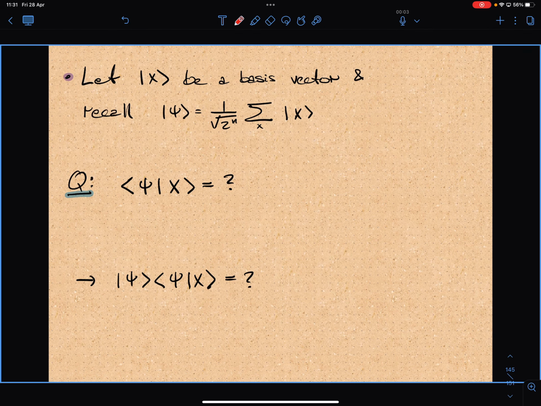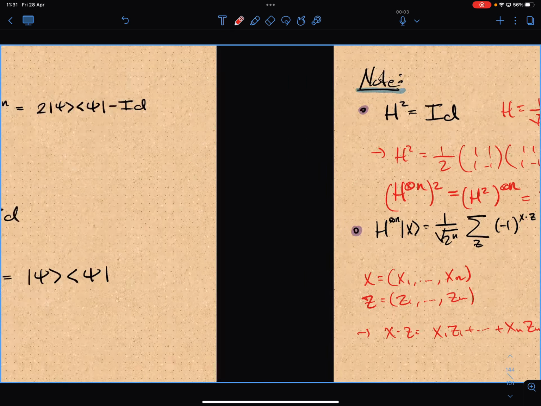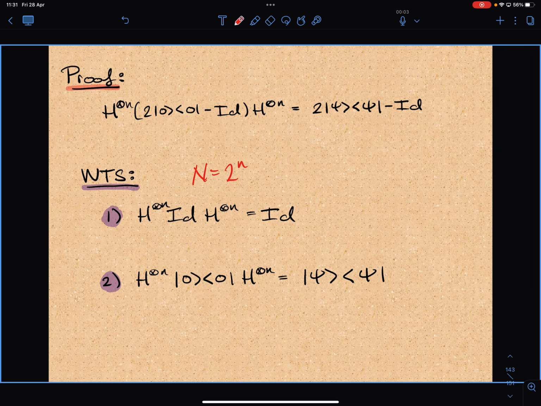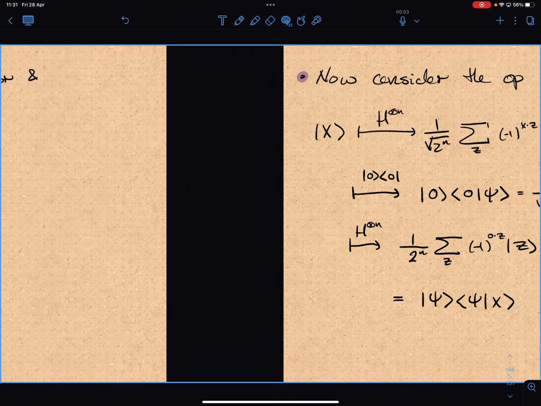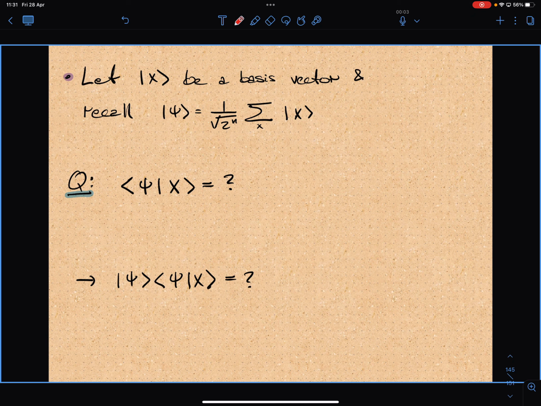Let's continue. So I'm going to start with the right-hand side. Let's go back and actually see what the right-hand side is. I want to compute this action, psi, psi. So I'm interested in the action of psi, psi on x.